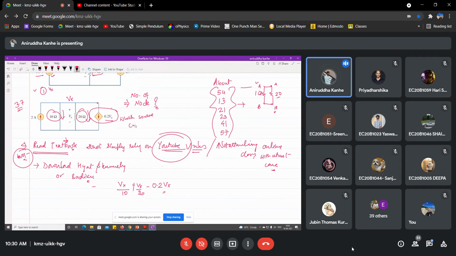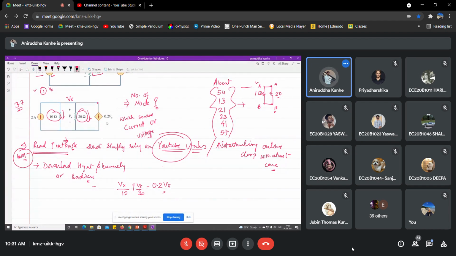It is dependent, correct? But whether it is a current source or voltage source? So what is the meaning of Vx in that case? If it is a current source, why is it Vx here? How are you identifying it as a current source? Voltage dependent current source. Voltage dependent current source, absolutely right.